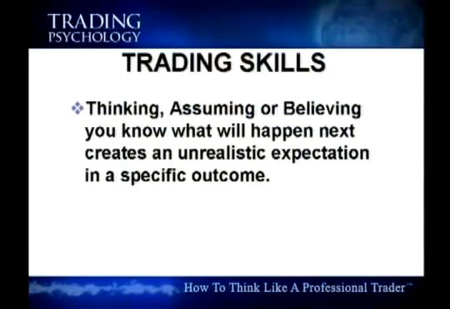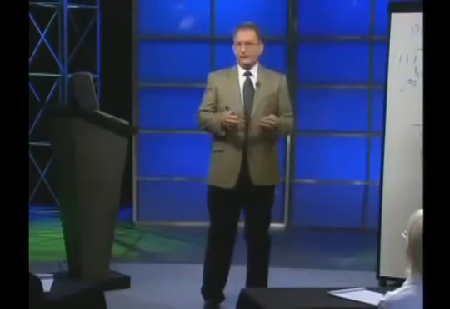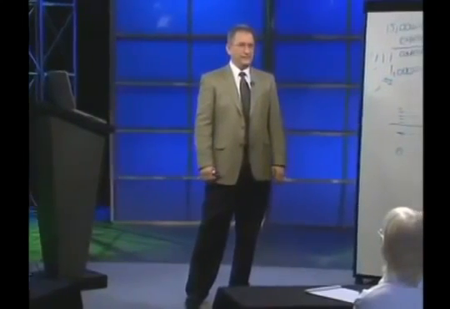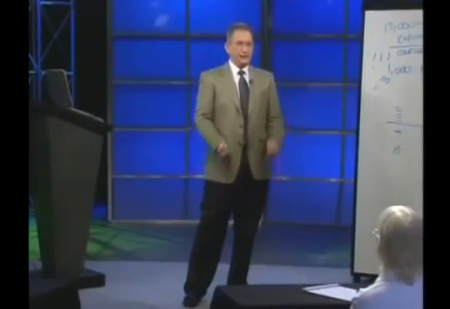Thinking, assuming, or believing you know what will happen next creates an unrealistic expectation in a specific outcome. What's wrong with an unrealistic expectation? Well, think about expectations in relationship to the characteristics of humanity. This cuts across everybody and cuts across all cultural lines or barriers.